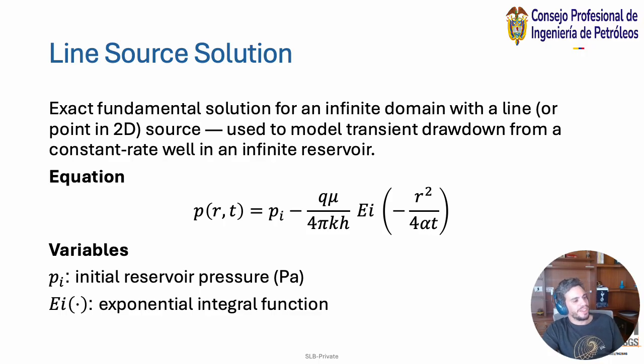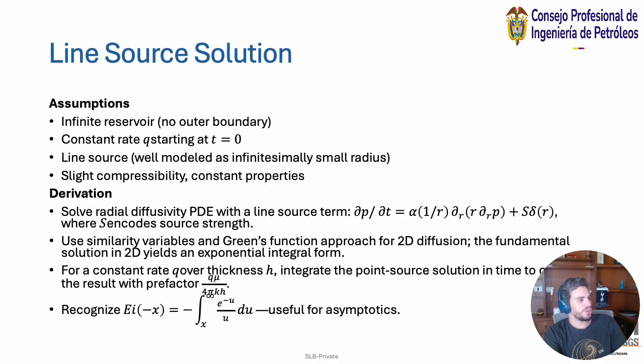And then you multiply that entire function by this exponential integral function, where the argument is negative r squared over 4 multiplied by the diffusivity multiplied by time, right? So it's quite a bit, but let's go through our assumptions and the derivations.